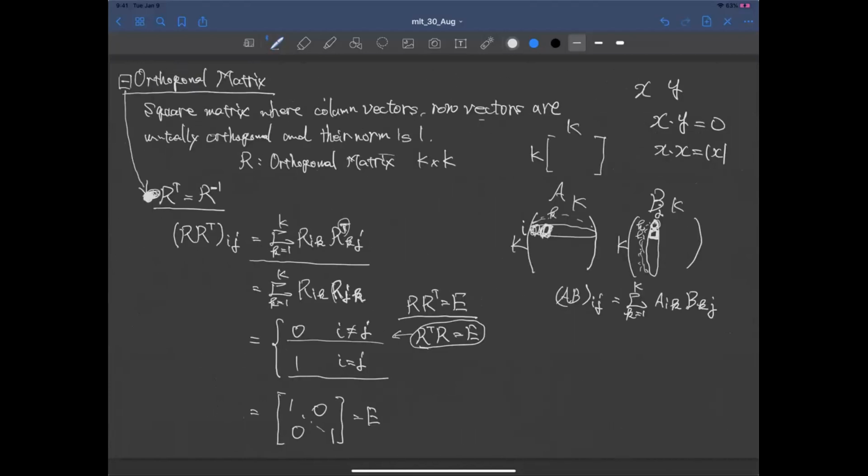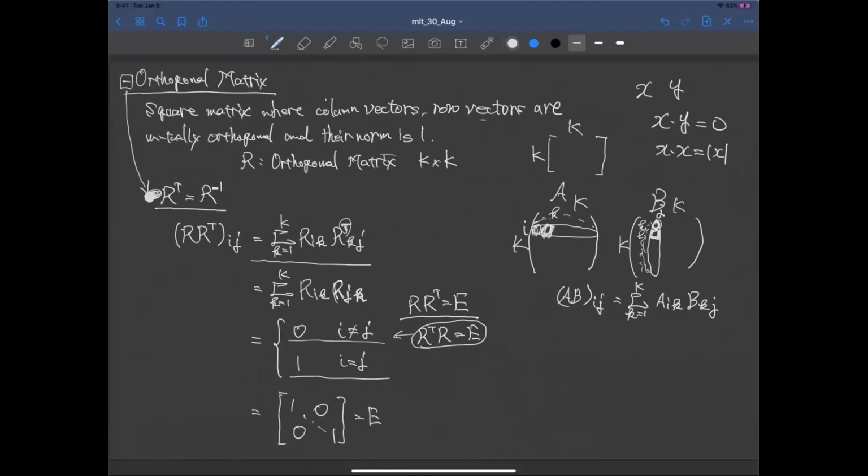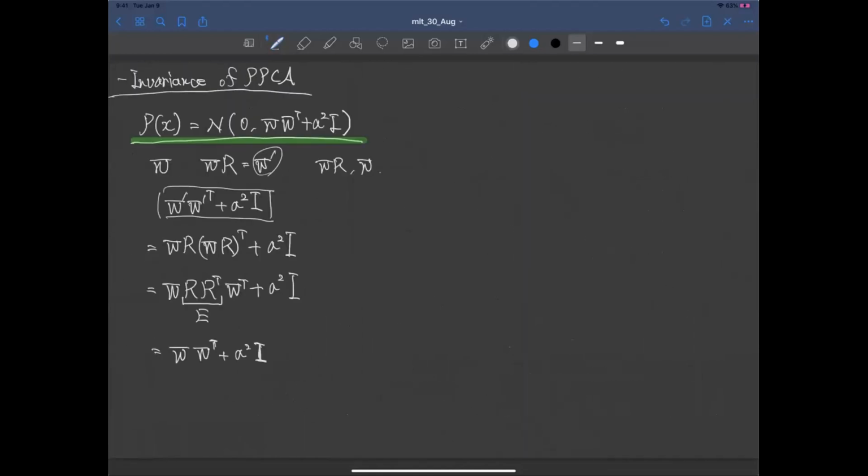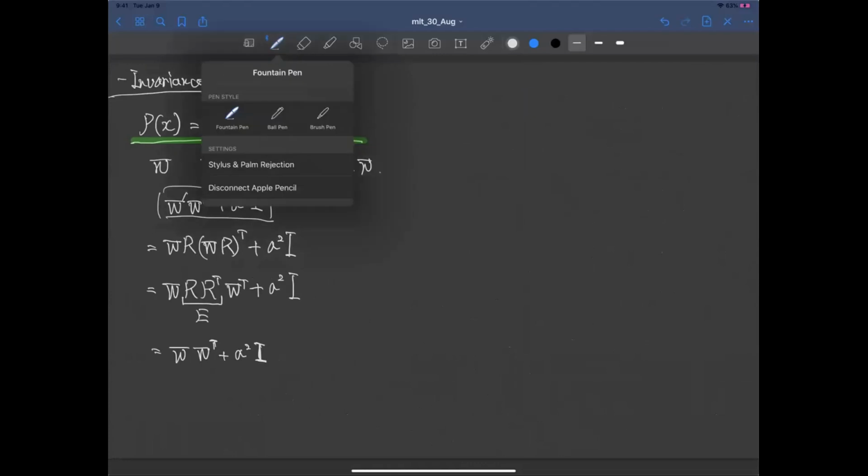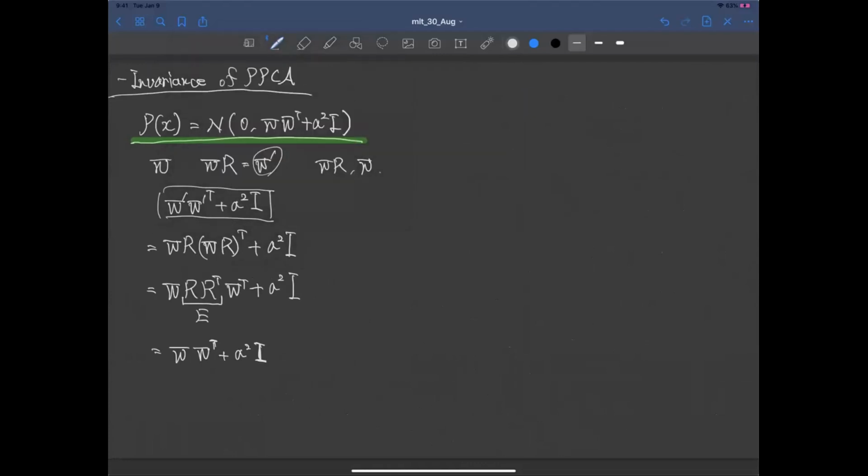So, therefore, let's get back to the invariance of PPCA. I said if I assign a different W by linear transformation with an orthogonal matrix, the probability distribution is going to be the same.